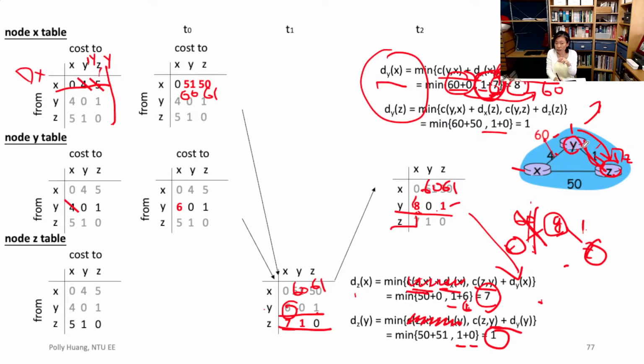In the meantime, Z here will set that entry already in the table to infinite. Okay. Exactly. Very good question there.